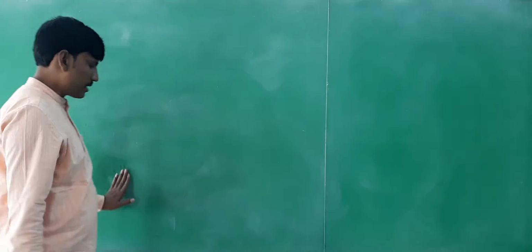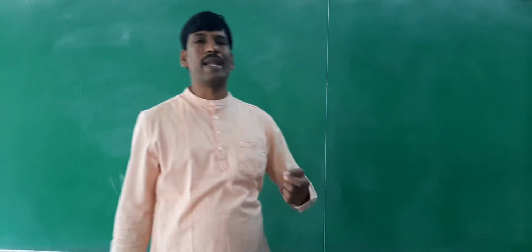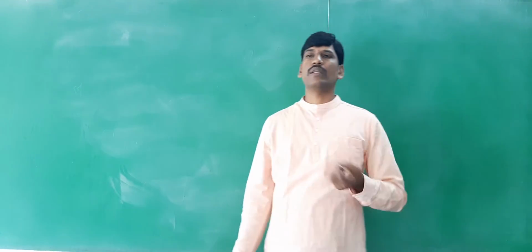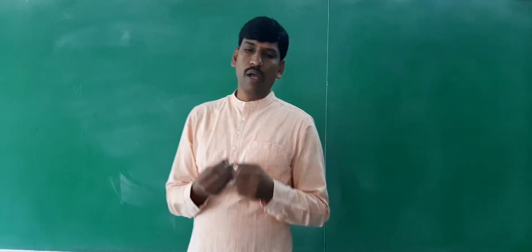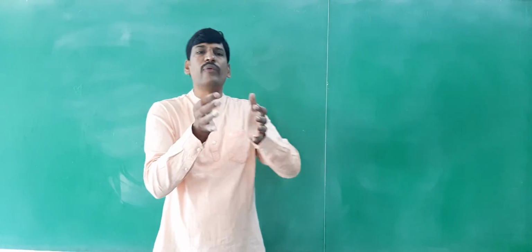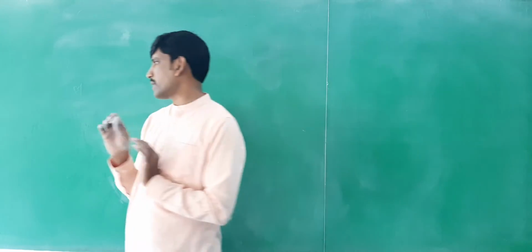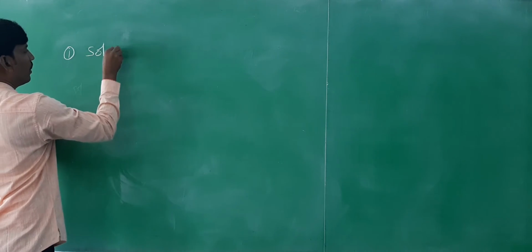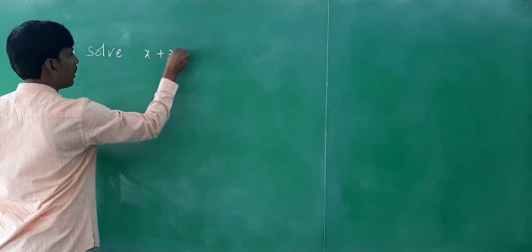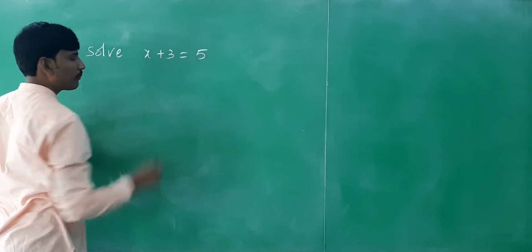Right, children? Let us discuss how to solve an equation. Solve is nothing but we need to find the value of the given variable, for which value of the variable the given equation is satisfied. Let us take a simple example. Solve x plus 3 is equal to 5.